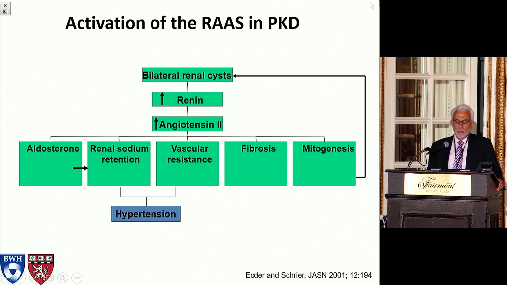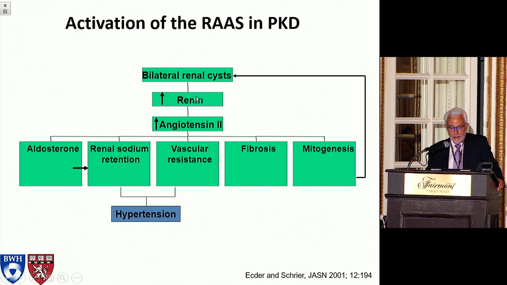So regarding the renin-angiotensin-aldosterone system in ADPKD, you could think of ADPKD as a model of bilateral or multiple renal vessel arterial stenosis. So bilateral cysts encroach on small arteries.